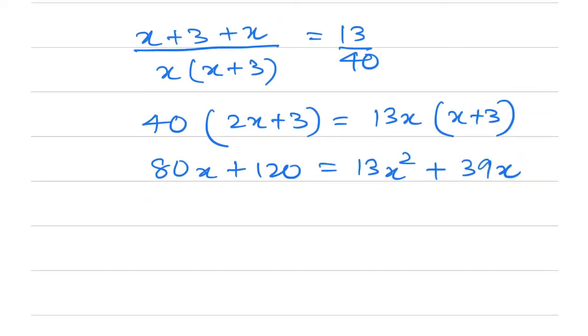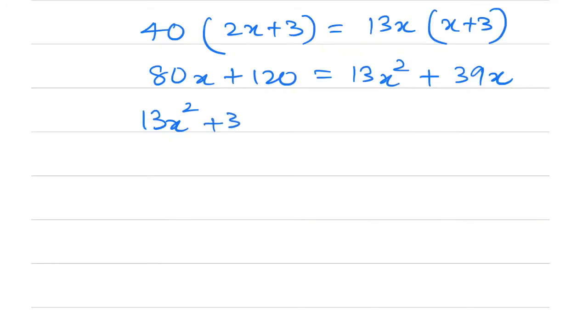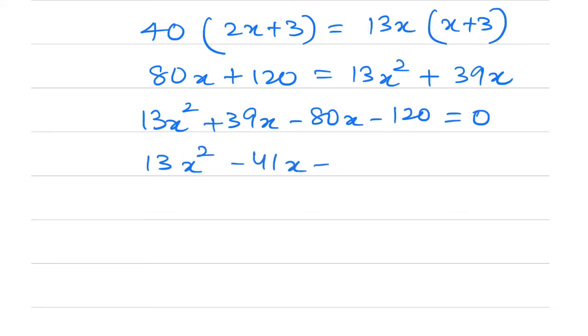Taking everything on the right hand side, we have 13x square plus 39x minus 80x minus 120 is equal to 0. So this is 13x square minus 41x minus 120 is equal to 0.